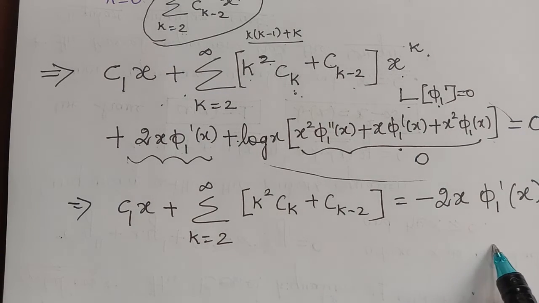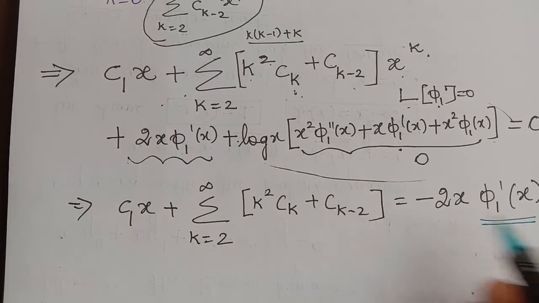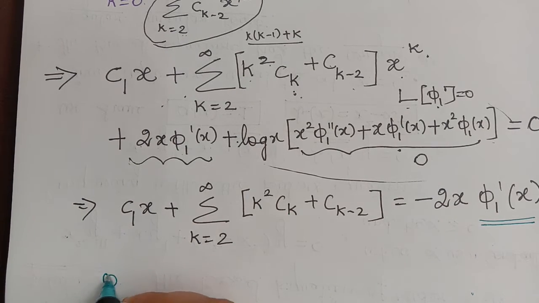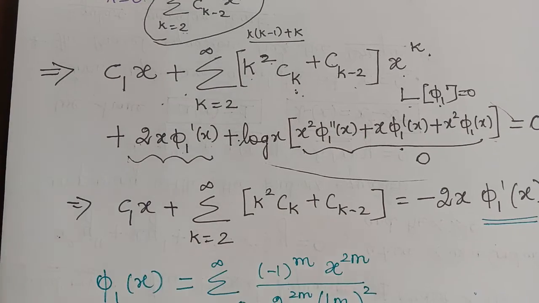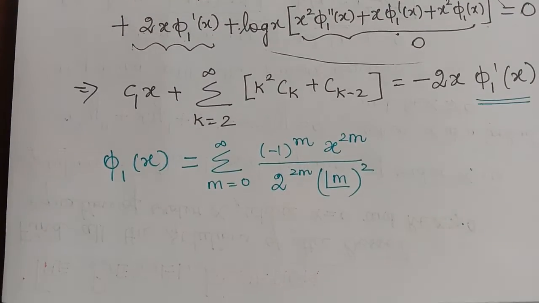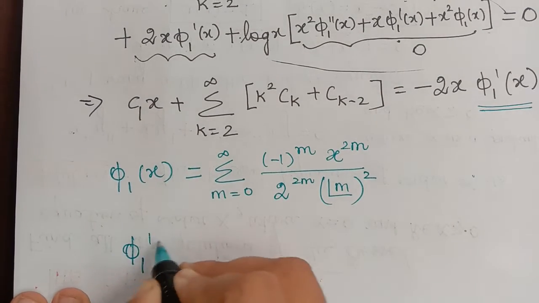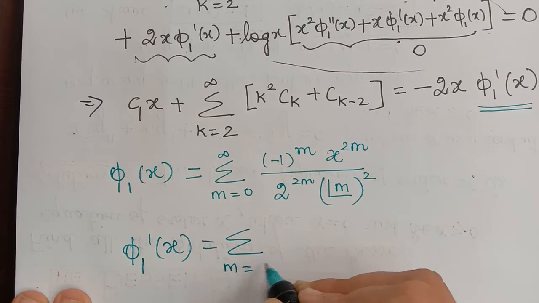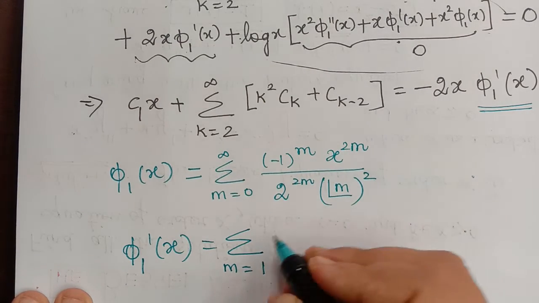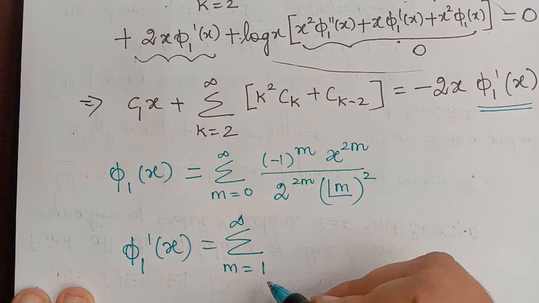Now in order to simplify this equation, we need phi 1 dash of x. From the previous lecture, we know that phi 1 of x is equal to this one. So this solution we obtained in our previous video. So from this, what will be phi 1 dash of x? It will be equal to summation for m equal to 1 to infinity, because after differentiation it reduces by one term.